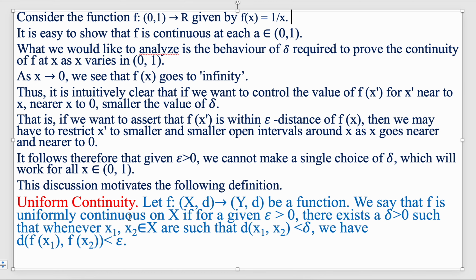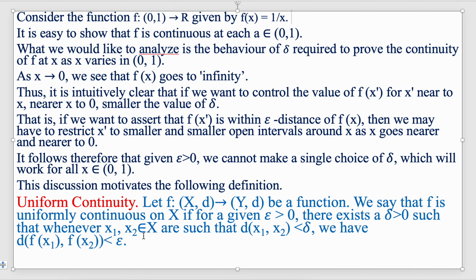We say that f is uniformly continuous on X if for given epsilon greater than 0, there exists a delta greater than 0 such that whenever x1 and x2 belonging to X are such that the distance between x1 and x2 is less than delta, we have the distance between f(x1) and f(x2) less than epsilon.